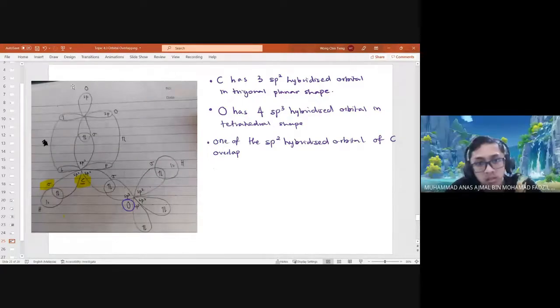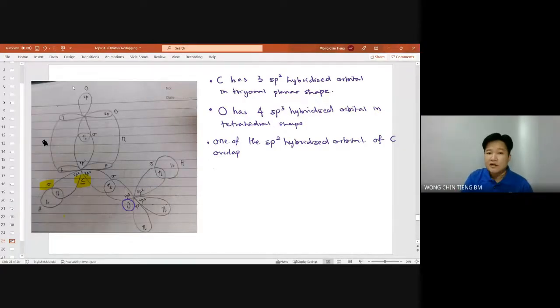End to end. Thank you, Anas. Overlap end to end with 1s orbital of hydrogen to form 1 sigma bond. Itu je.